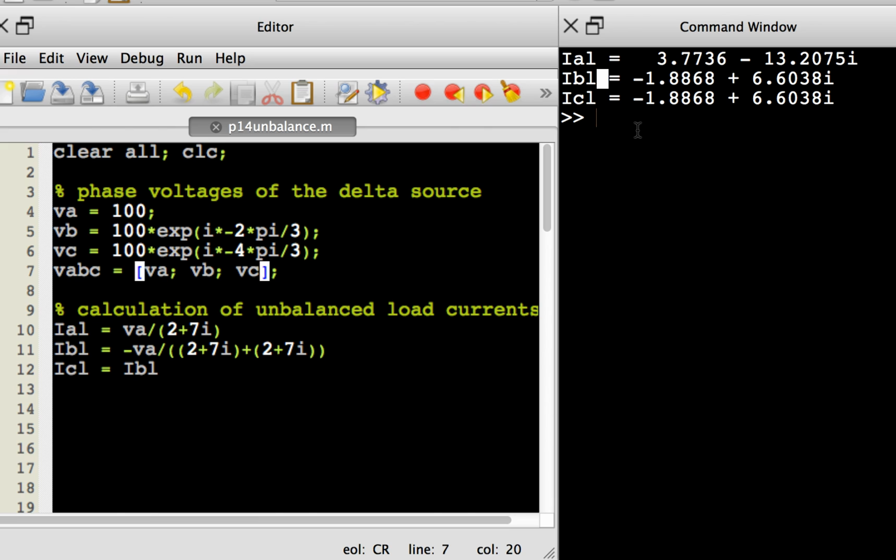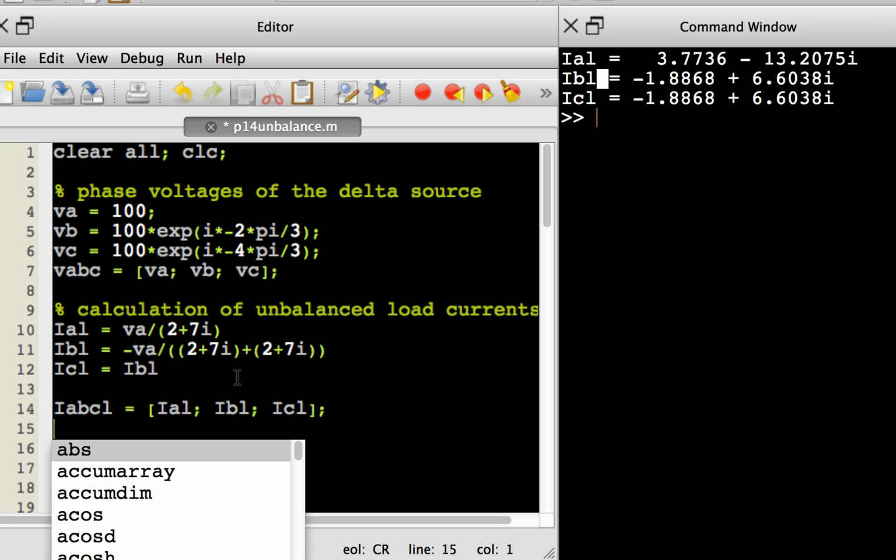So let's calculate the magnitudes and angles. IAL, IBL, and ICL, I'll just combine them into a vector. And then I want to display the magnitude.